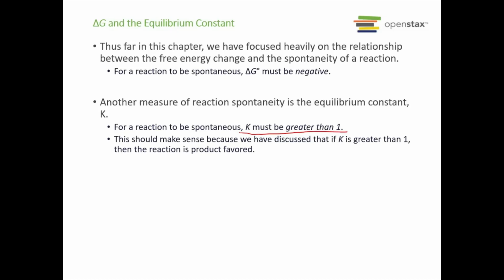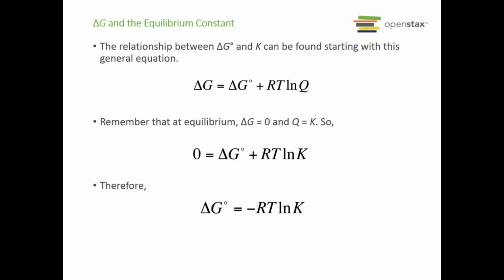Okay, and remember K depends on your concentrations of products divided by reactants, assuming they're either gases or solutions. And this also makes sense because when K is greater than 1, the reaction product is favored, which means the reaction is going to go in the forward direction.